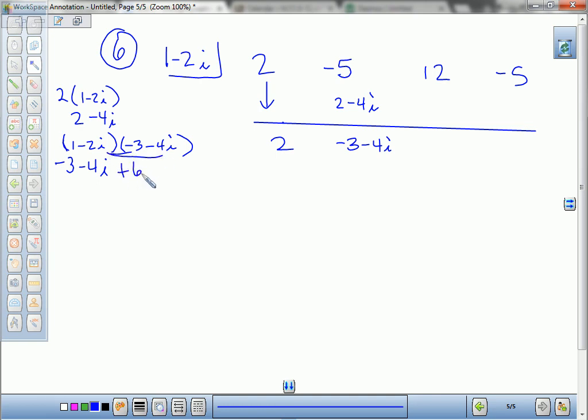So that gives us positive 6i and positive 8i squared. Okay, so this i squared makes out a negative 8. So this craziness becomes negative 11 plus 2i.